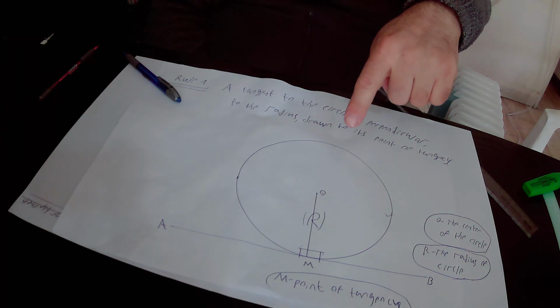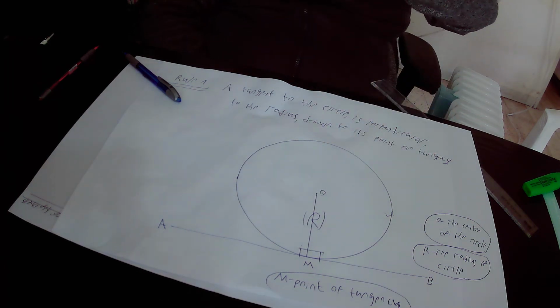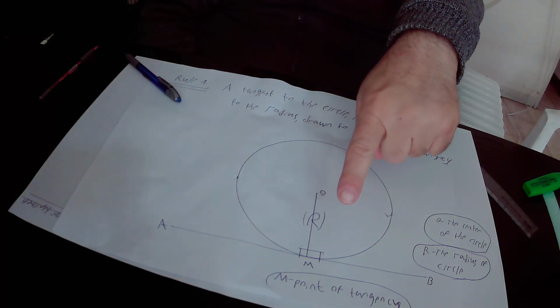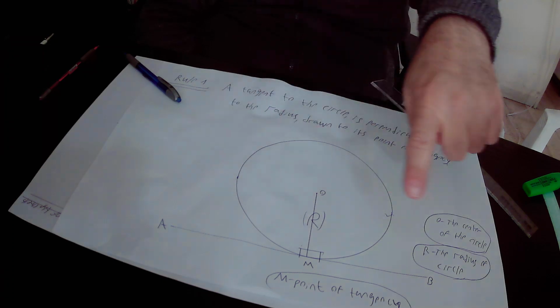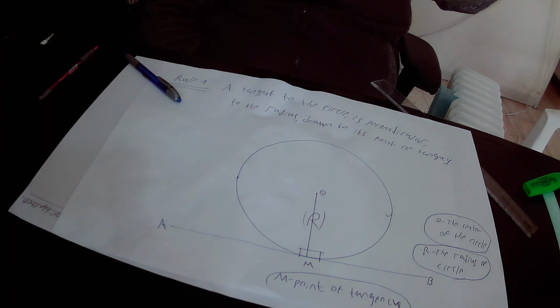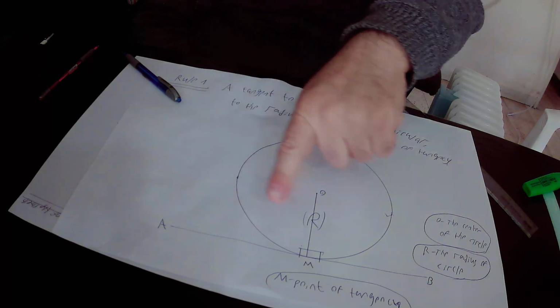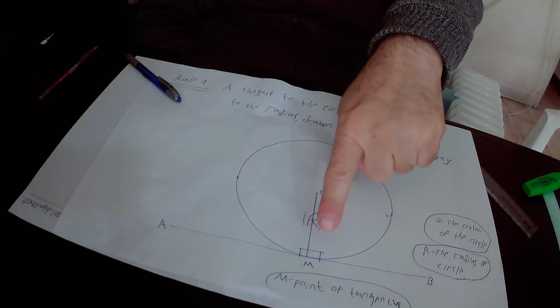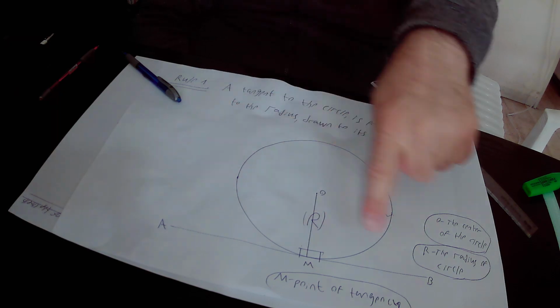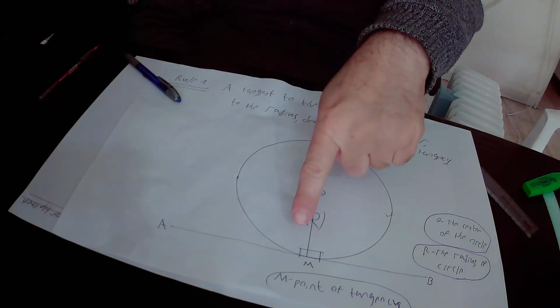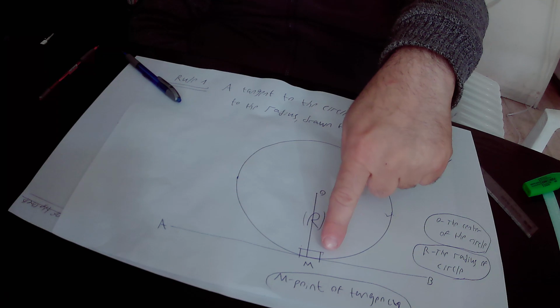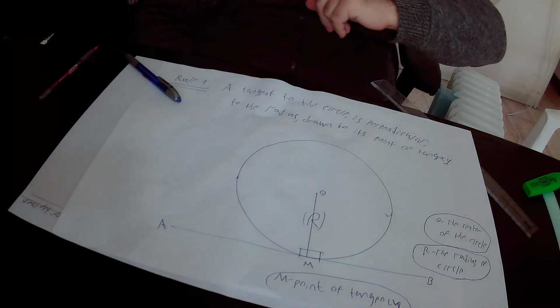And you have the radius OM that is drawn to point M, the point of tangency of tangent AB with this circle. Whenever we have a radius drawn to the point of tangency, then tangent AB will be perpendicular to the radius MO. If AB is perpendicular to MO, it means that this angle equals 90 degrees and this angle also equals 90 degrees according to rule number 1.